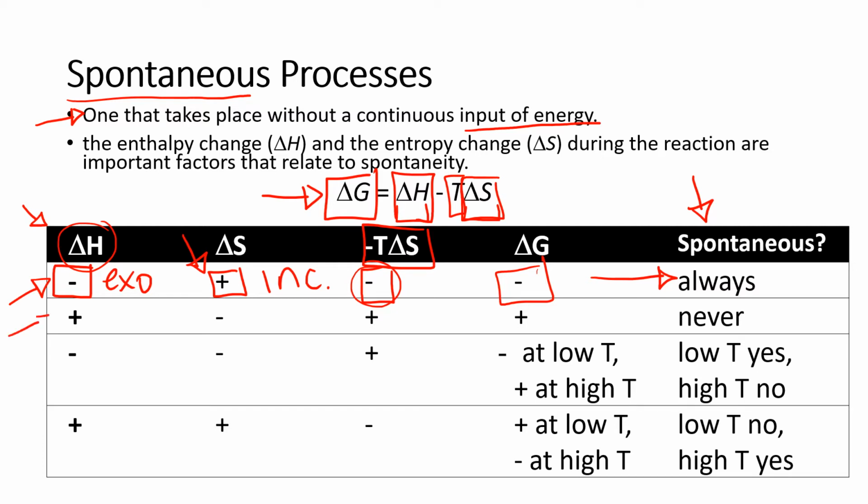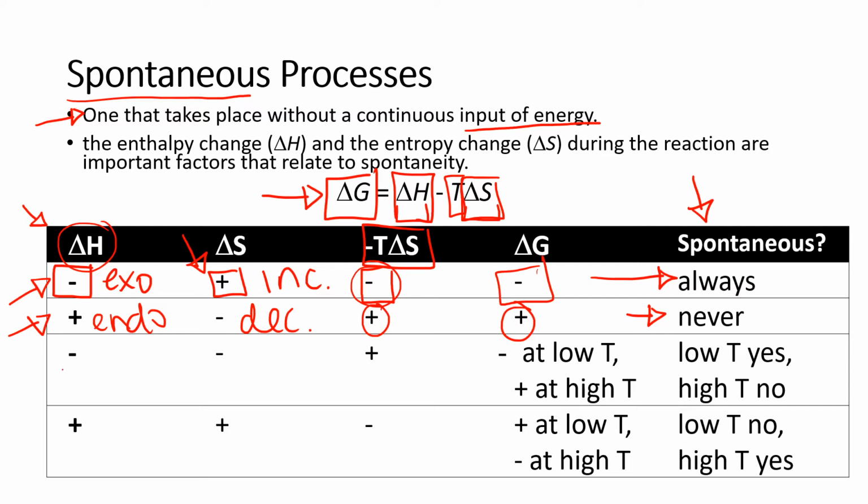This right here is the opposite case. So this is an endothermic reaction. This is a decrease in entropy. So overall, you'll have a positive term on this side, and you end up getting a positive delta G. This is the opposite. And then you have the two cases where it depends on the temperature.